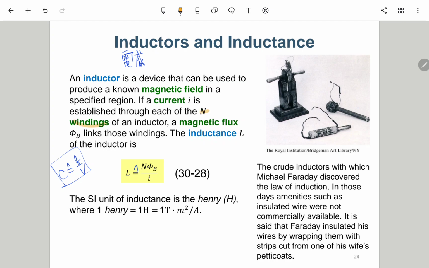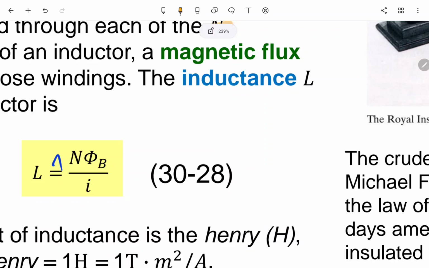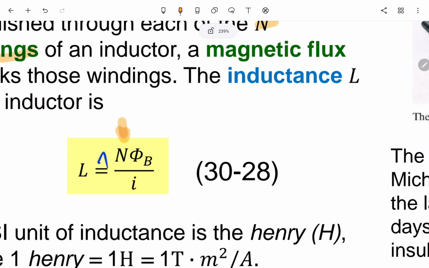And phi B is the magnetic flux generated by this inductor, normalized by the current. Which means it is proportional to the number of turns, once the number of turns is fixed.